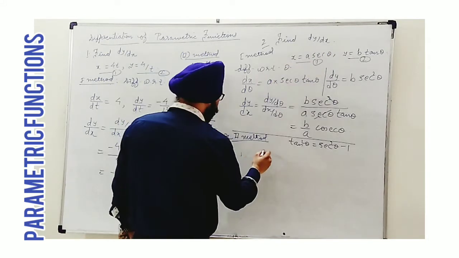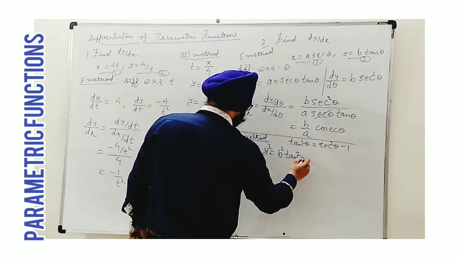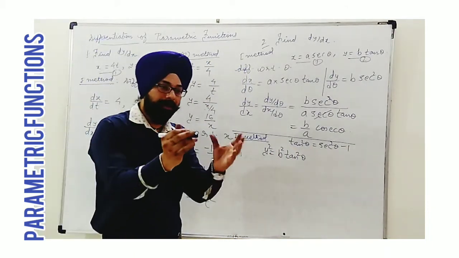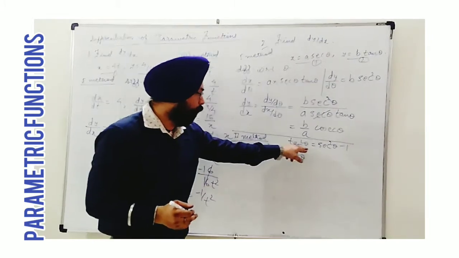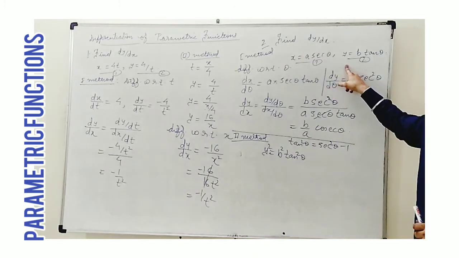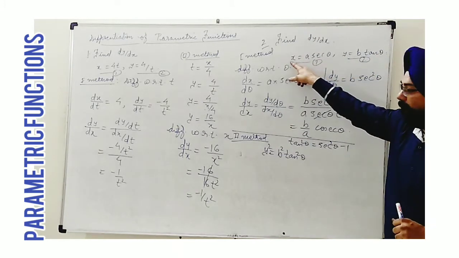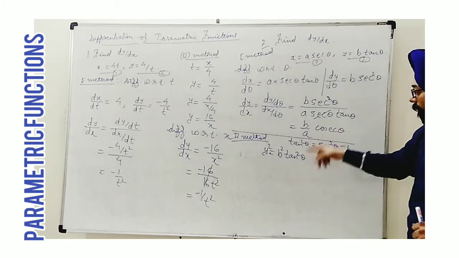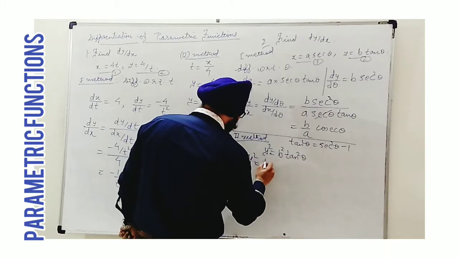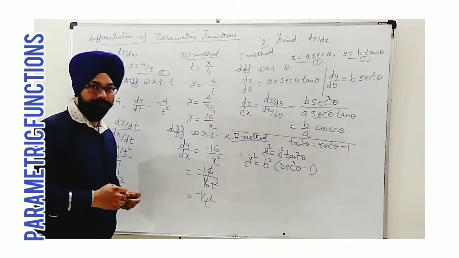I can write y square is equal to b square tan square theta. Now if I want to eliminate the parameter, obviously this tan square is to be converted into sec square, because here we have selected the second equation which is given in terms of tan, but in the first equation the variable is related to sec. So we will replace tan square by this identity, taking y square equals b square, sec square theta minus 1.